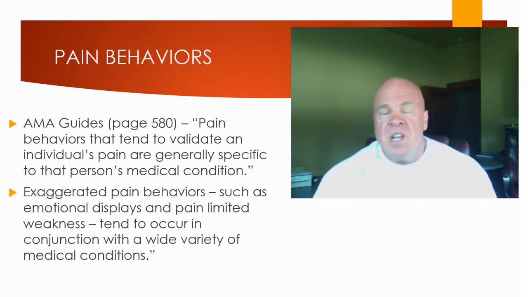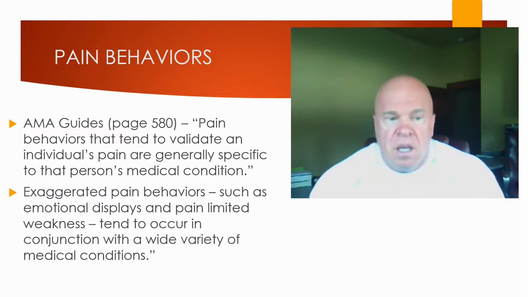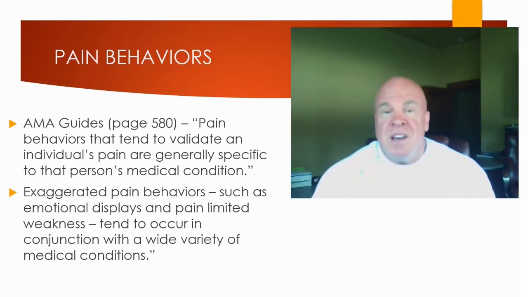The AMA Guides tell us that pain behaviors, those particular behaviors that tend to validate an individual's pain, are generally specific to that person's medical condition, whereas exaggerated pain behaviors that tend to discredit the examinee's suffering and display of pain, such as emotional displays and pain-limited weakness, tend to occur in conjunction with a wide variety of medical conditions and across many different types.